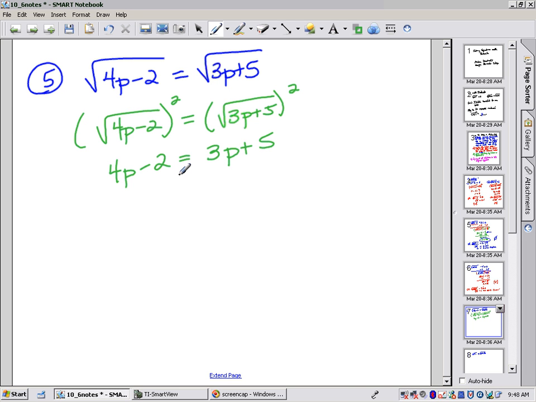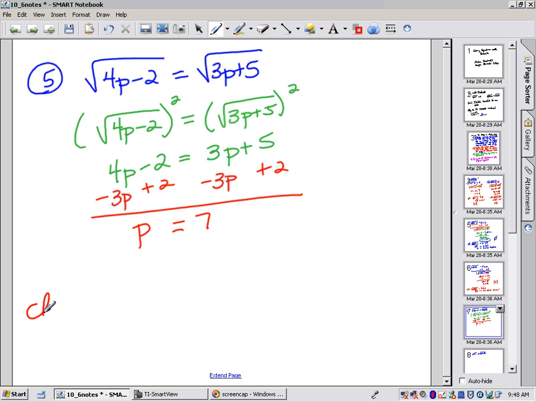This is a linear equation, so to solve it, we're going to have to subtract 3p. And then if you want to go ahead and do this in this step, we can add 2 to both sides as well. So we would get p is equal to 7.